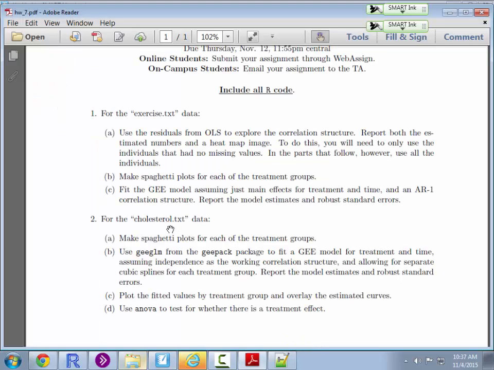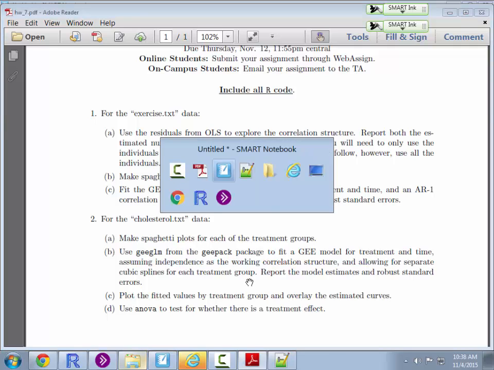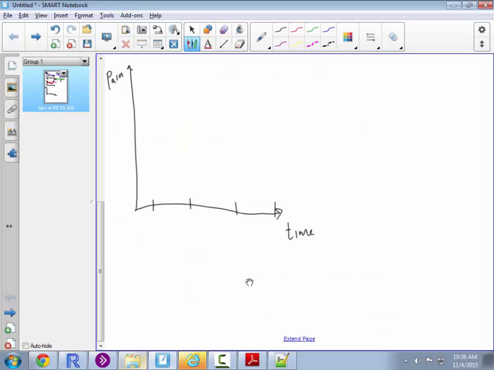Cholesterol data, there is a treatment group, and you are going to fit a correlated data regression model allowing for separate cubic splines for each treatment group. As in, we're going to allow for there to be a trend for treatment group and a trend for control group.